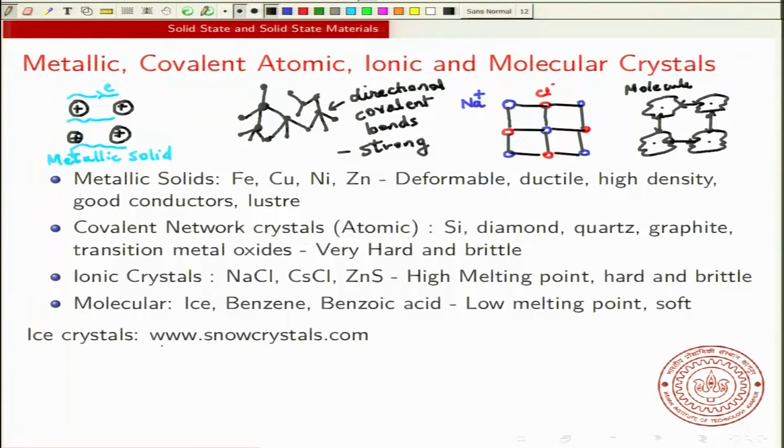Okay, so I recommend all of you to visit this website snowcrystals.com just to see how you can get ice crystals of many different shapes. Okay, and you can just take a look at it and appreciate the beauty that is there in all these crystal shapes. Many of them are naturally occurring.